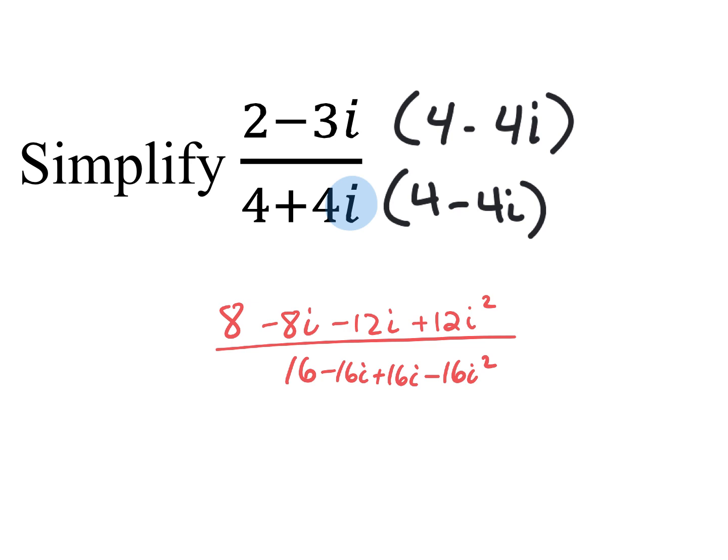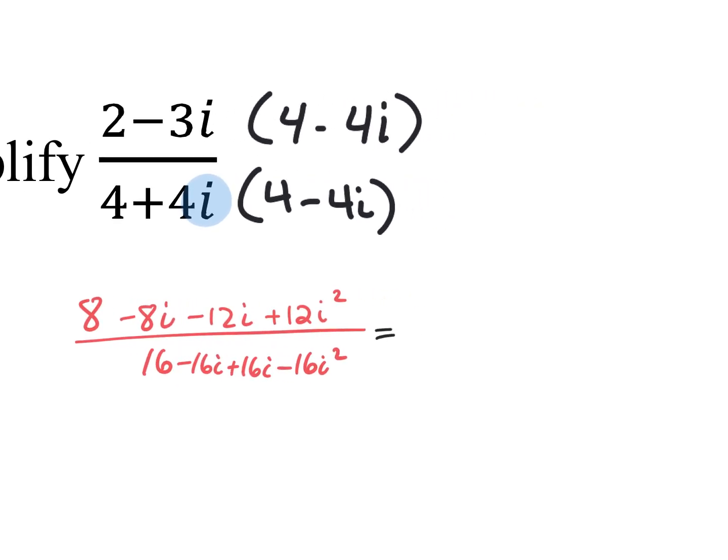So remember earlier, we treat these i's as if they're a variable unless they have a higher power. So I can combine -8i and -12i into -20i. 12i squared is the same as -12. So -12 and 8 will lead us to -4 as part of our numerator.